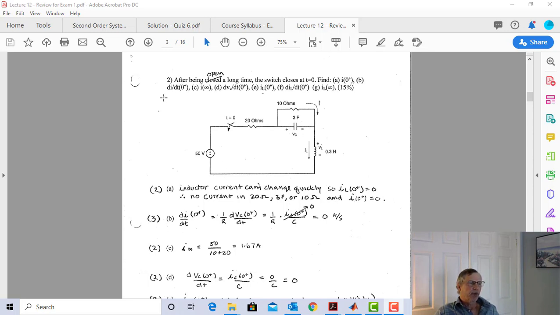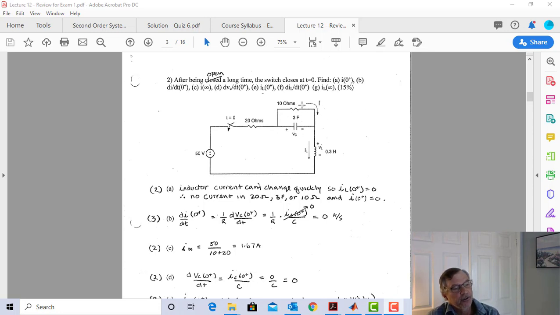So for part B, we want to find di dt, and that's di dt here. So let's see, that's kind of a weird thing to ask for. Usually when we ask for di dt, we're asking for di dt in an inductor, but that's not the case here.